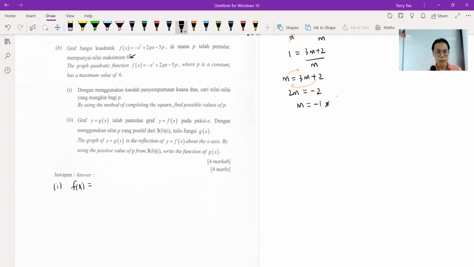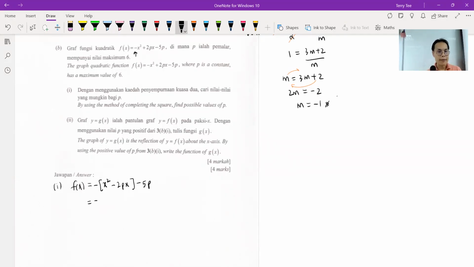All right, so step 1 to complete the square is always take out the negative or any number in front of x squared. We want the coefficient of x squared, or pekali x squared, to be 1. Okay, so when you take out negative, this is negative 2px. The 5p here, we can leave it outside. Negative 5p, leave it outside. It's not affecting the process of completing the square.